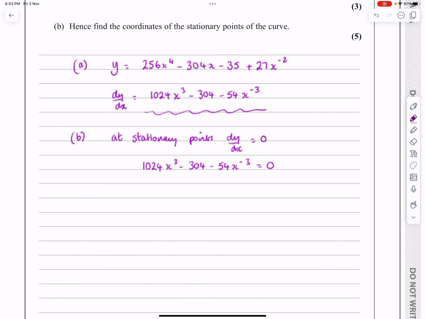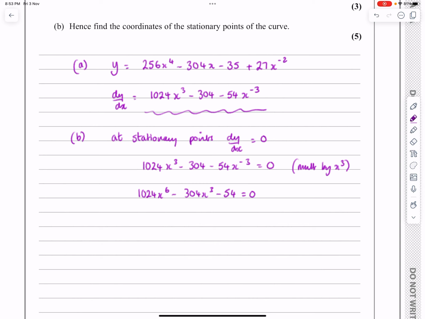Now, the simplest thing to do is to multiply throughout by x cubed. If we multiply by x cubed here, I'm going to get 1024x to the 6 minus 304x cubed minus 54 equals 0. So here, this is a quadratic equation.